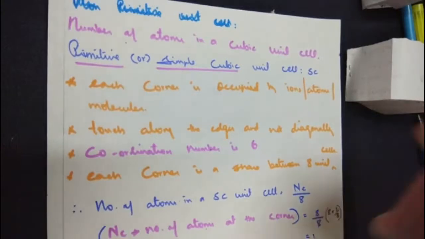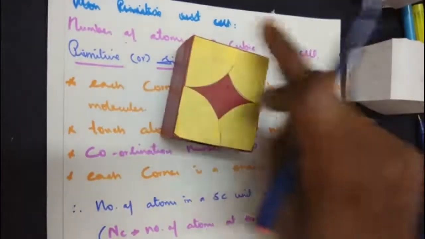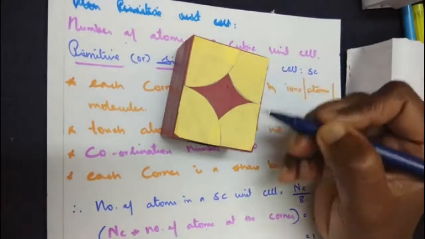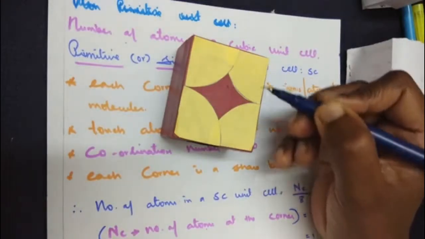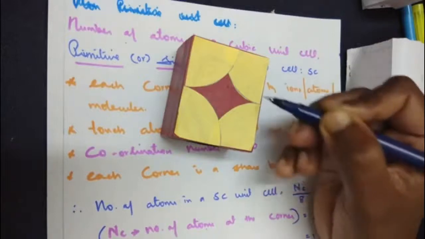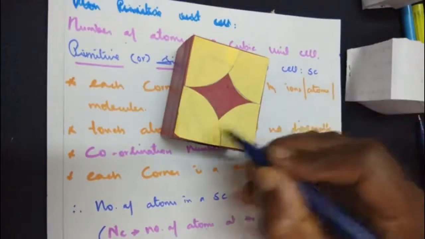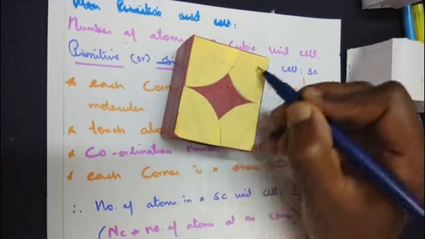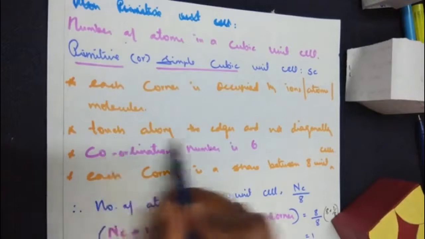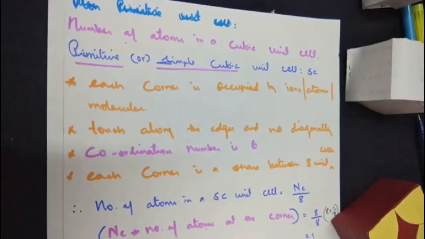If you remember, look at these structures here. This is one face of the cube I have taken. If you see here, along the edges, they touch one another only along the edges. Now this is the edge for me. They touch only along the edges and diagonally they have no points to touch themselves. So that's why I have written, they touch along the edges and not diagonally.